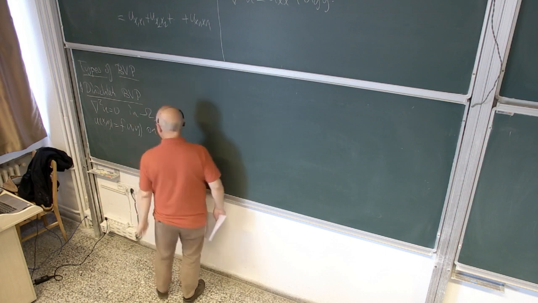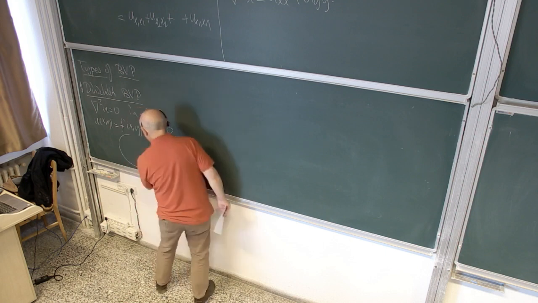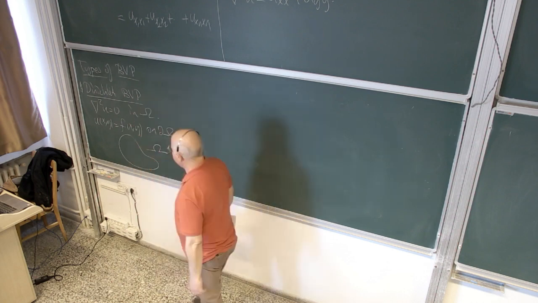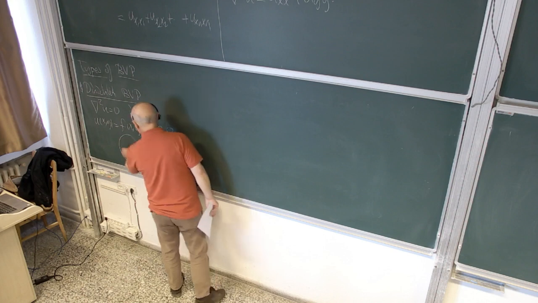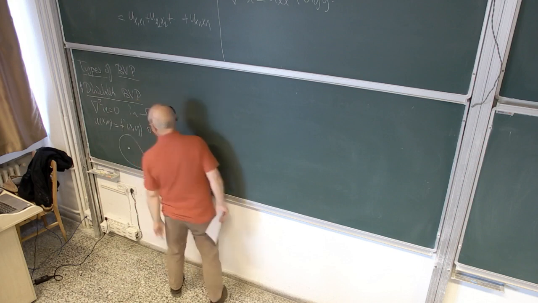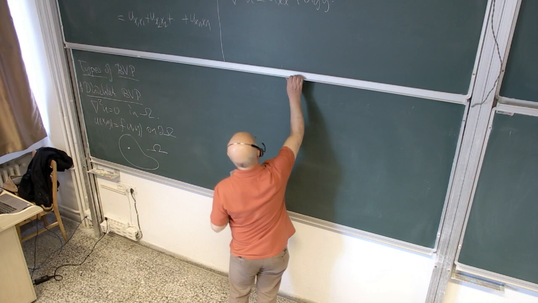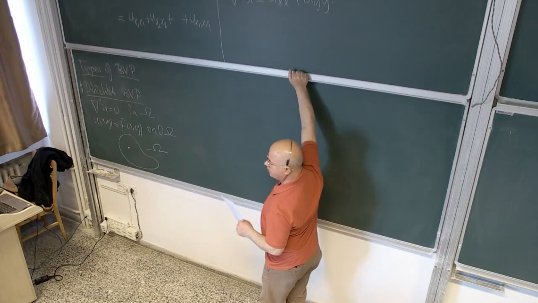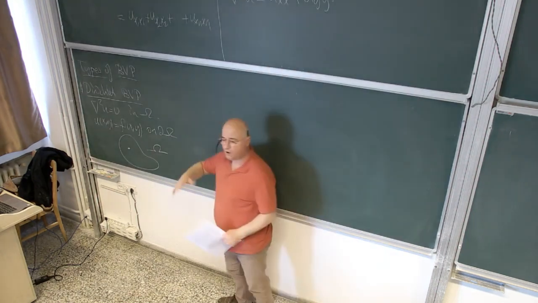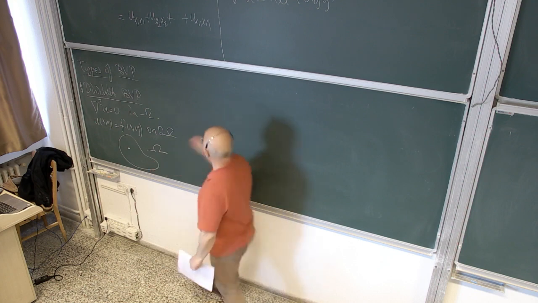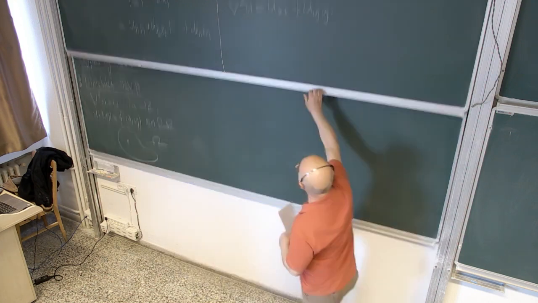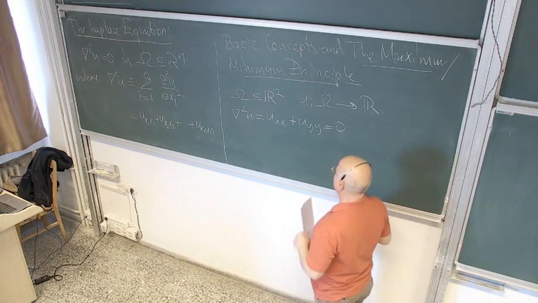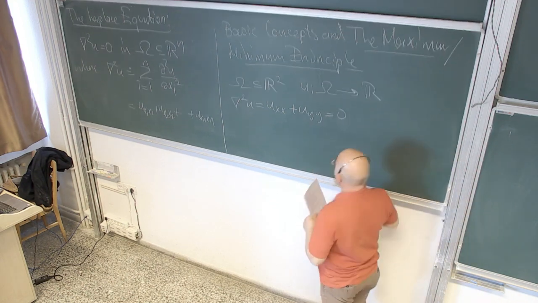So let's say you have some region in R2. Inside this region, you have this equation. So at an interior point, this sum of second derivatives is 0. This means it's a harmonic function. If a function satisfies this condition, it's called a harmonic function.